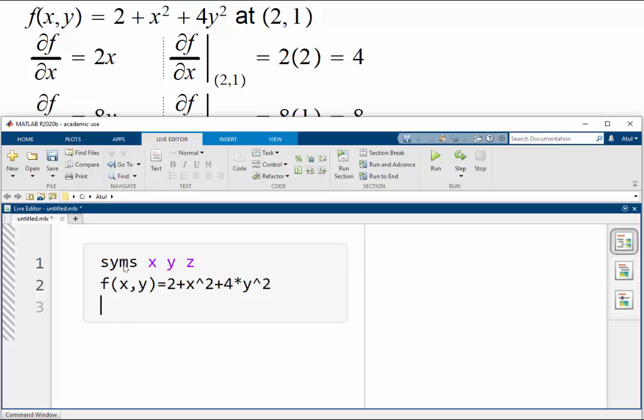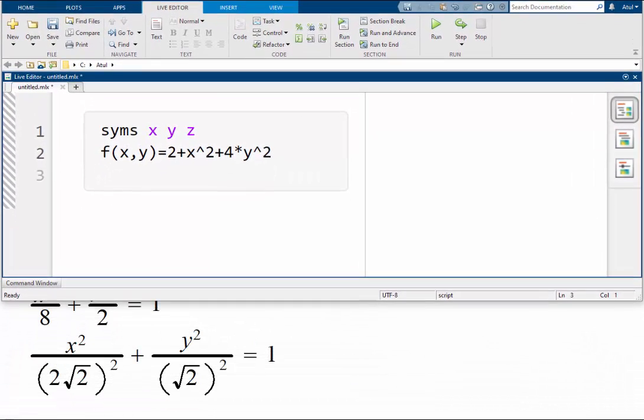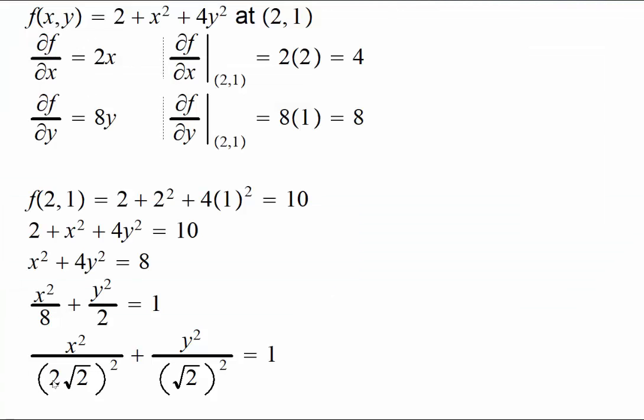And what was our level curve? Our level curve was this ellipse with this much as semi-major axis and this as the semi-minor axis. So we'll just take 2 square root of 2 cosine t equals x, and square root of 2 sine t as y as our parameterization.